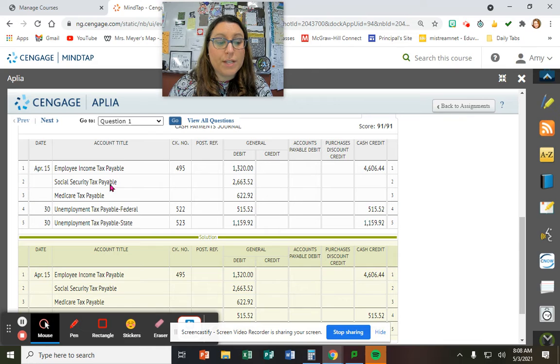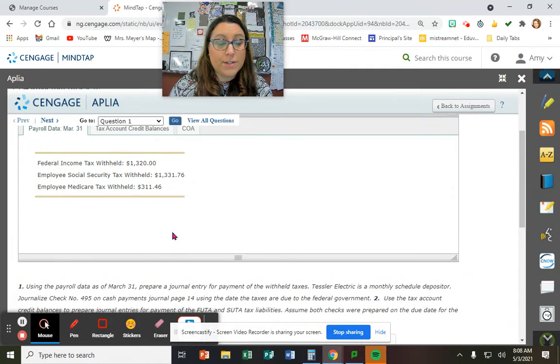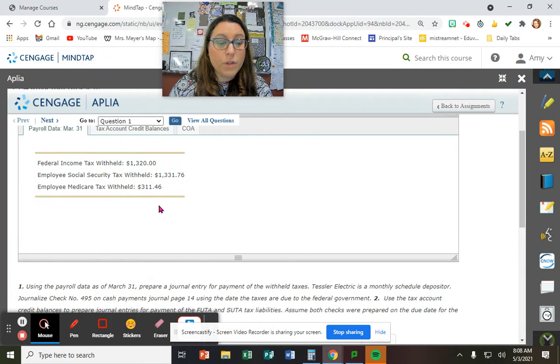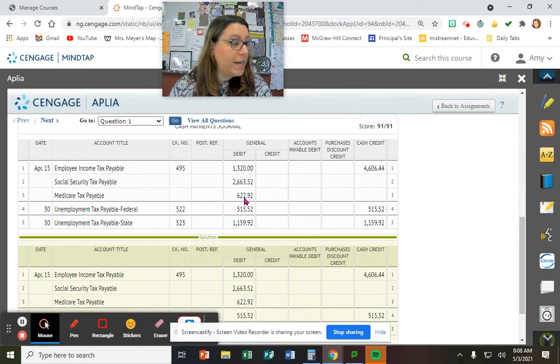Your Social Security tax payable needs to be doubled. Same with Medicare. When you see the Medicare number up above, you have to double it. So here it says 311.46. So we're taking 311.46 and multiplying it by 2. 622.92. There it is, 622.92.